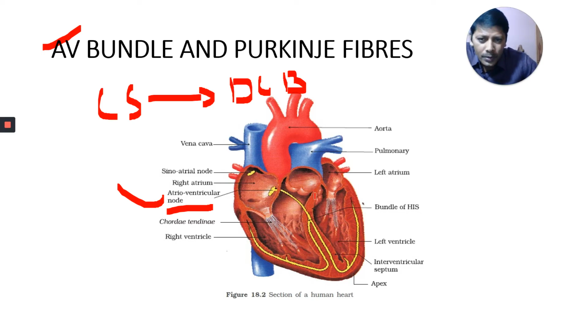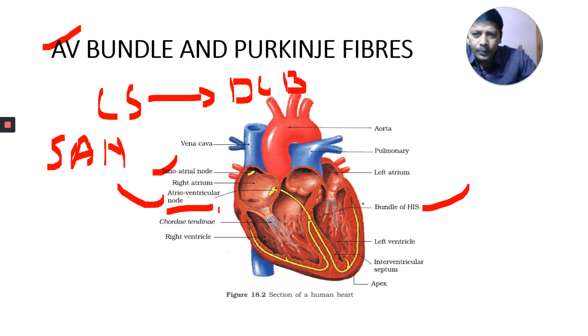Here you can observe the bundle of His. Again I will show you: this is the sinoatrial node. From here the action potential comes to the AVN, the atrioventricular node.